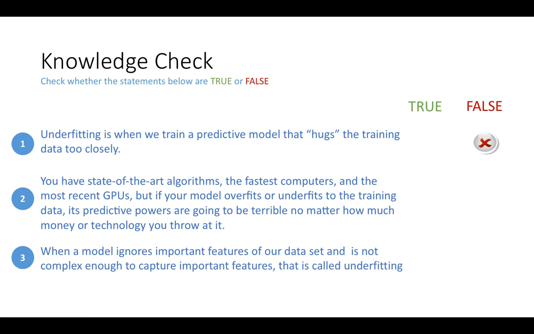The second statement: you have state-of-the-art algorithms, the fastest computers, and the most recent GPUs. But if your model overfits or underfits to the training data, its predictive power is going to be terrible, no matter how much money or technology you throw at it.